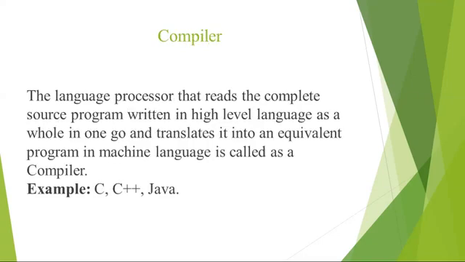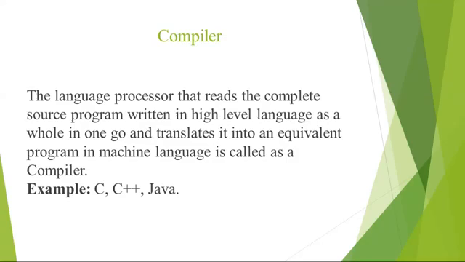Compiler. The language processor that reads the complete source program written in a high level language as a whole in one go and translates it into an equivalent program in machine language is called a compiler. So basically the purpose of a compiler is to convert the program written in a high level language all in one go into an equivalent machine program.